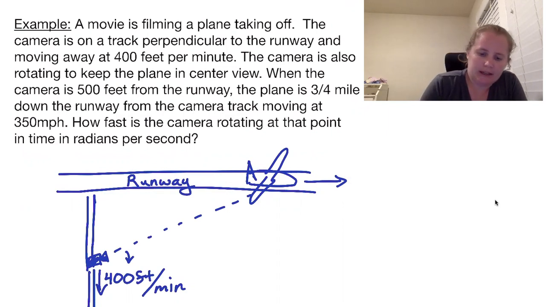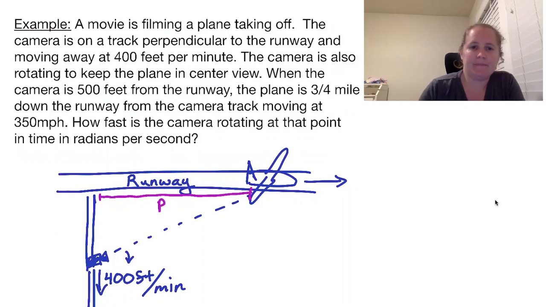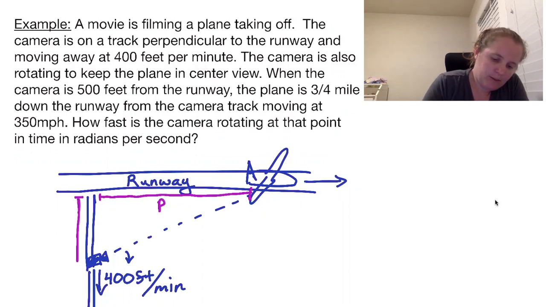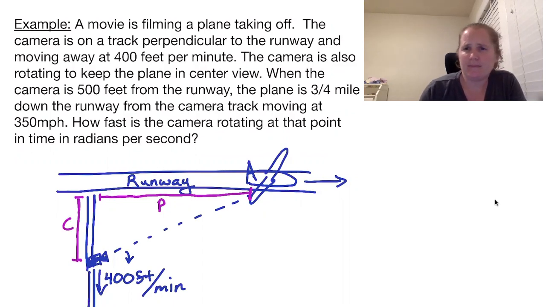We'll label the distance from the track to the plane as P for plane. I'm going to label the distance from the camera to the runway as C for camera. Then we have our angle for the camera, which is going to be the Greek letter theta. So this is the information and the things that are changing for us.